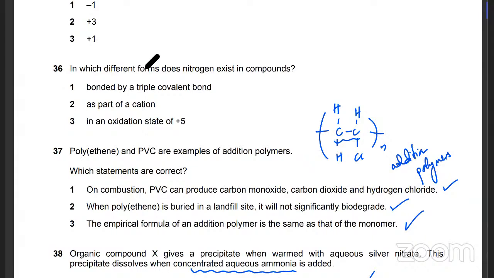In which different forms does nitrogen exist in compounds? Bonded by a triple covalent bond, part of a cation, has an oxidation state of +5. Which three are correct? All of them. Which cation does nitrogen belong to? NH4+. When does nitrogen have a +5 oxidation state?